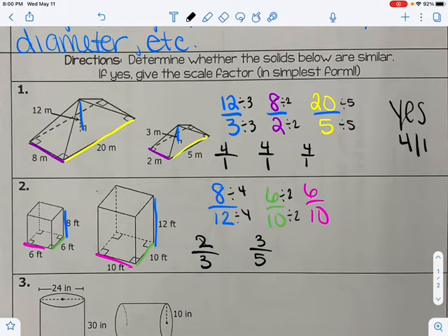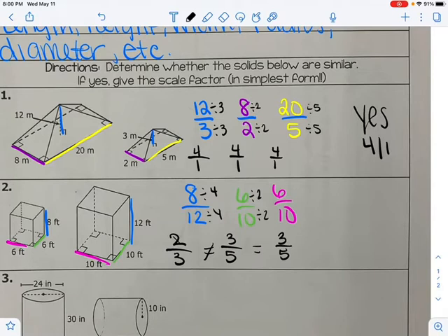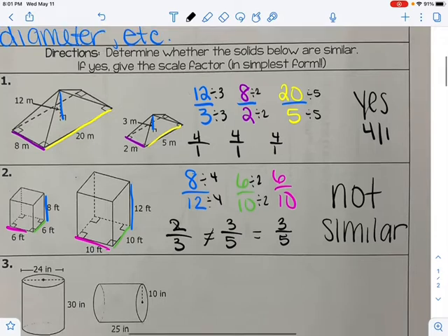And 6 over 10 is the same fraction, so I'm just going to reduce it based on the last one. Since not all of the fractions are equal to each other, only 2 of them are, these ones are not similar. If they are not similar, we don't have a scale factor because there are two or three different fractions.